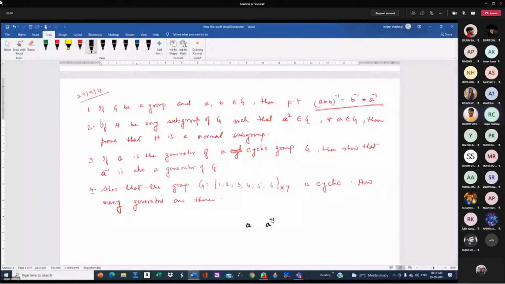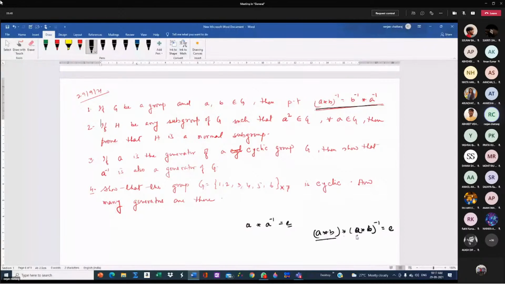Then A asterisk A inverse equals E, the identity element. We have to show that A asterisk B asterisk the inverse of A asterisk B is equal to E.